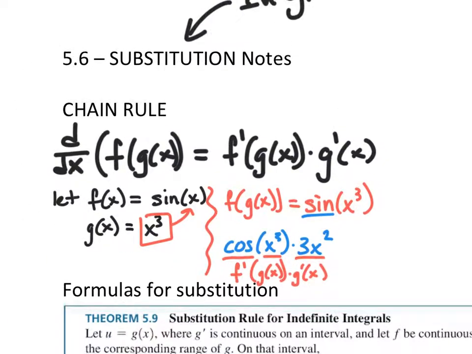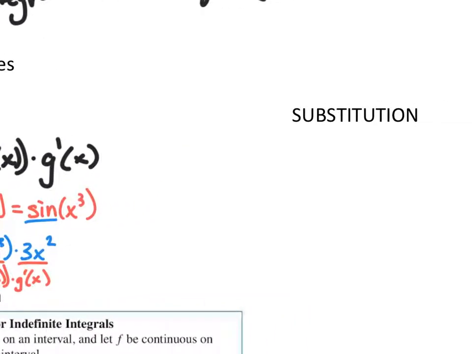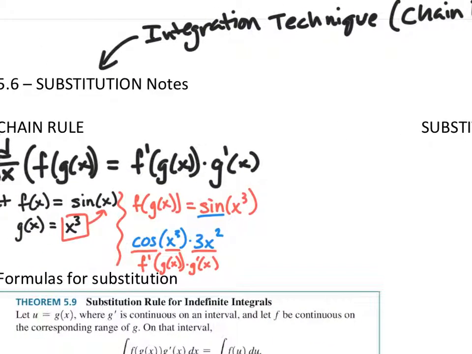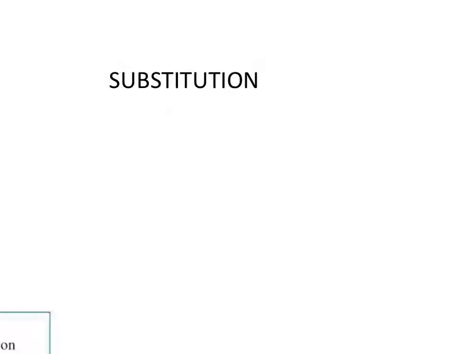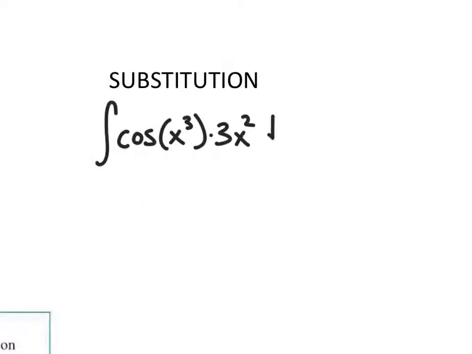So now, my objective here is to go backwards, okay? Is to take the antiderivative of this function. So this is the substitution method. This is the base of it. So if I do this, let's say I want to integrate cosine of x cubed times 3x squared dx, okay?